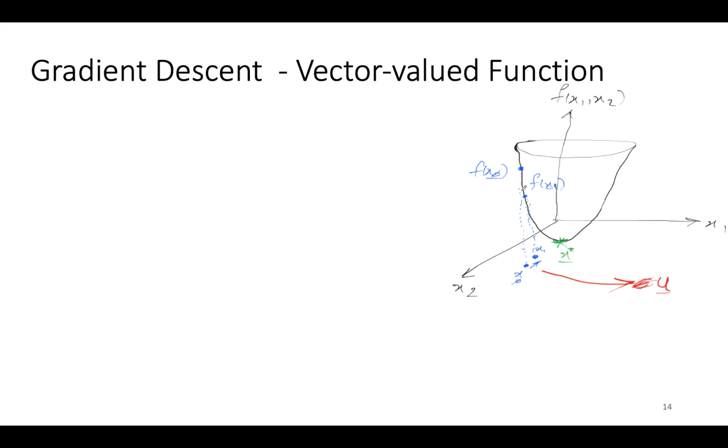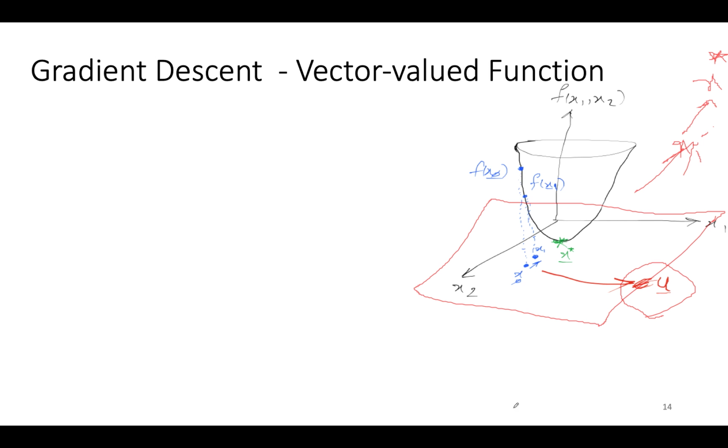So if you project that to the hyperplane of your features, it's as if you're starting from x0 on a 2D space, and then you're going this way towards your x1 and then finally x star, right? How am I going to find this direction? That's the job of my unit vector u.